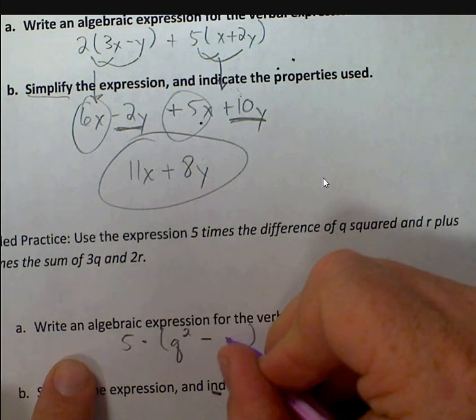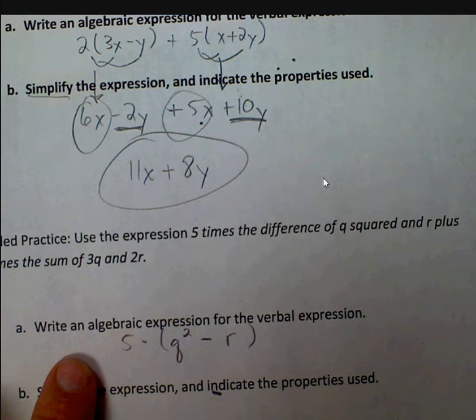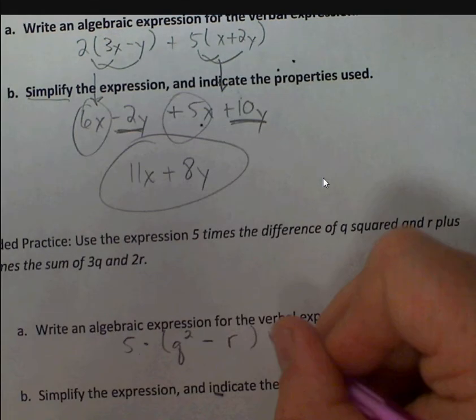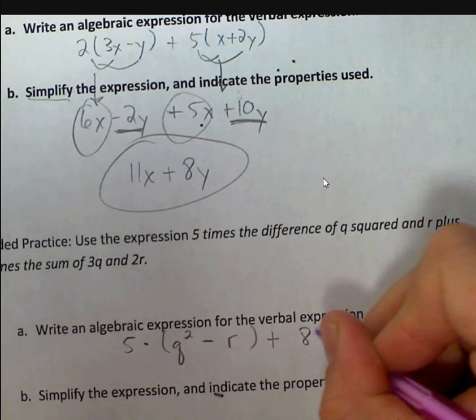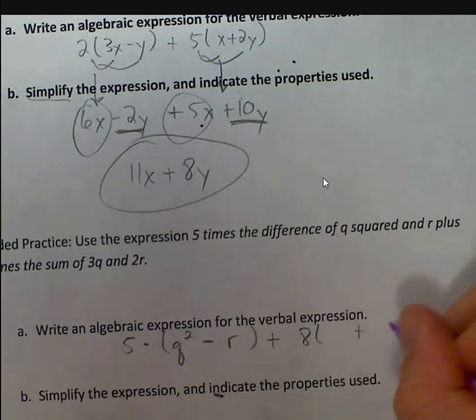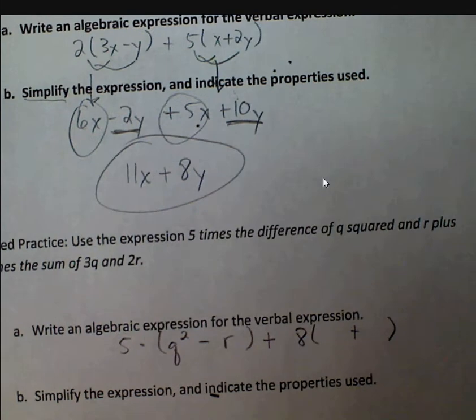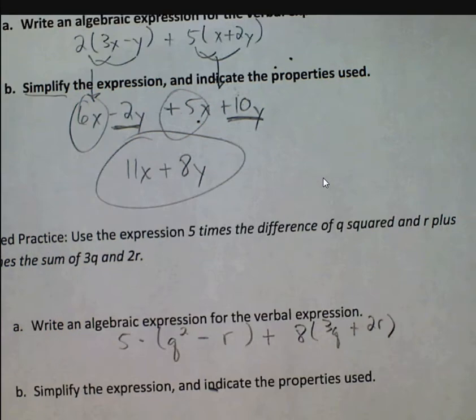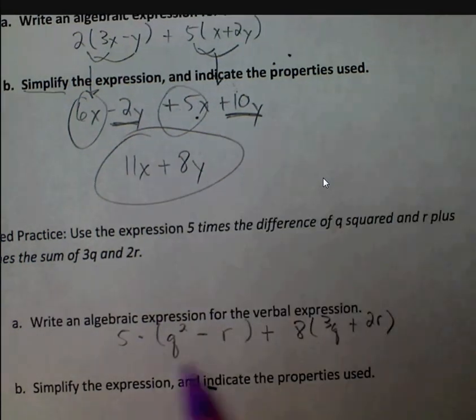Okay? Then we have plus 8 times the sum. Sum means to add, but put it in parentheses, 3q and 2r. There is my algebraic expression.